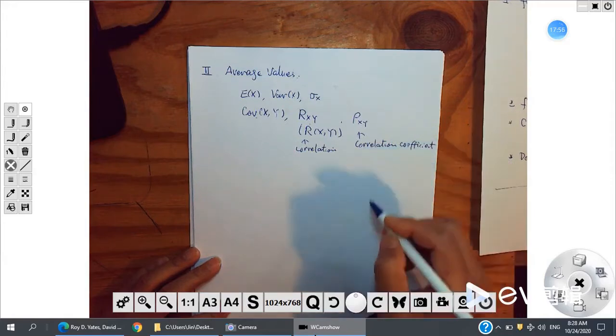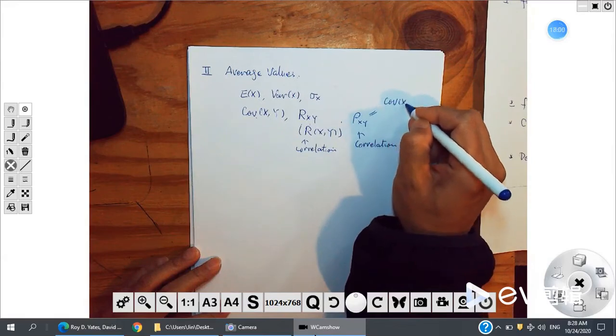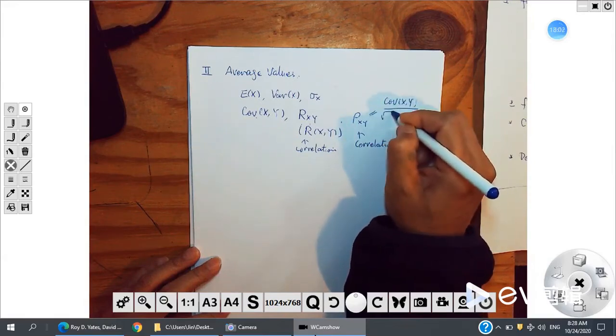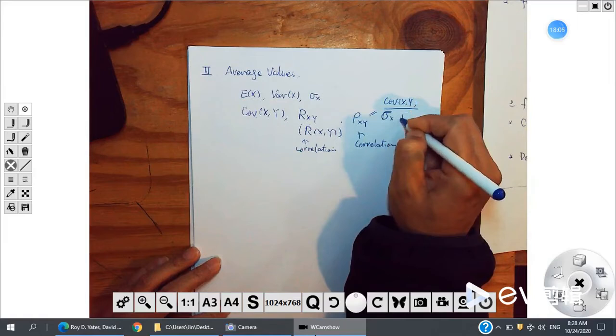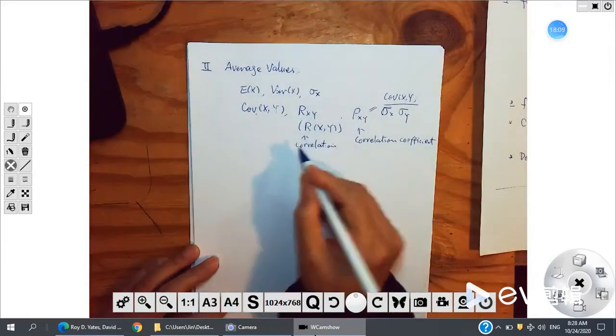Coefficient. This one, by definition, is covariance over sigma x, sigma y. It's this one. So we have some average values.